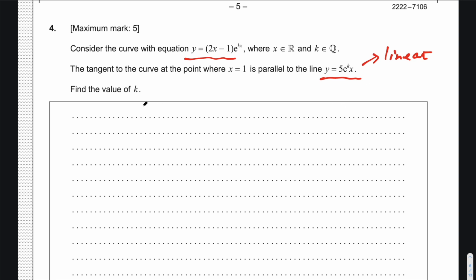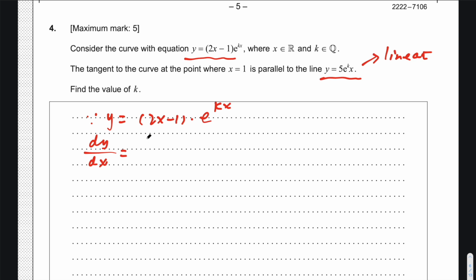Okay, so the tangent to the curve, that means we need to find the first derivative. Since y is equal to 2x minus 1 times e to the power of kx, first let's find the first derivative. So we need to use the product rule, right? And a little bit of chain rule.